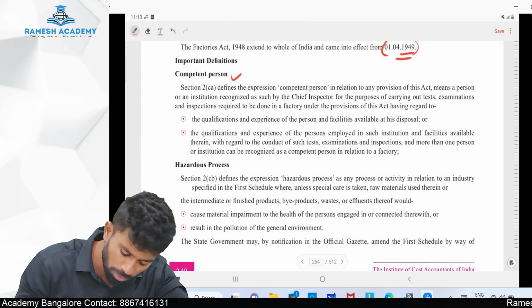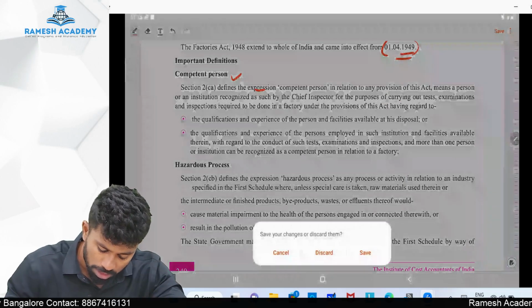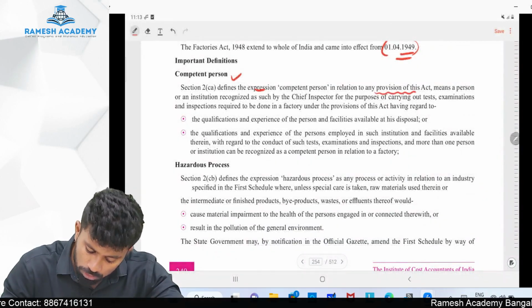Section 2, subclause (ca) defines the expression "competent person" with respect to any provisions of this Act.